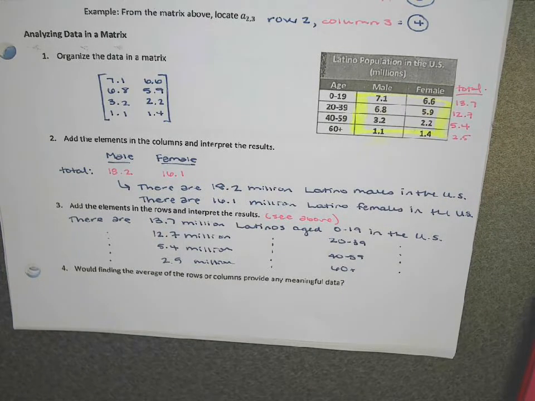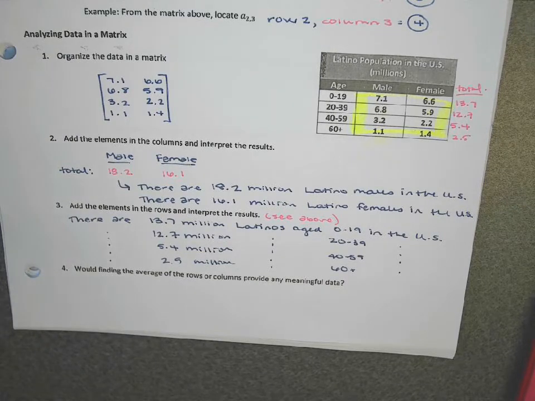So you could say that the average number per gender in a specific age group would be those averages, but it doesn't really make sense to do that. Okay, it's not really telling you meaningful data. You'll notice that, like, in your assignment, you'll be finding, like, average gas mileage. That has more meaning when you're talking about gas mileage.